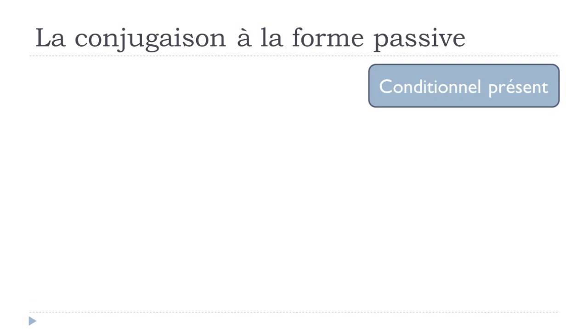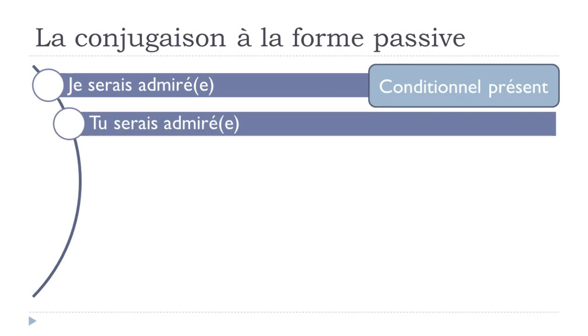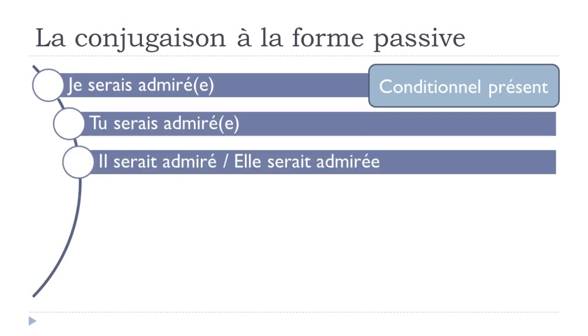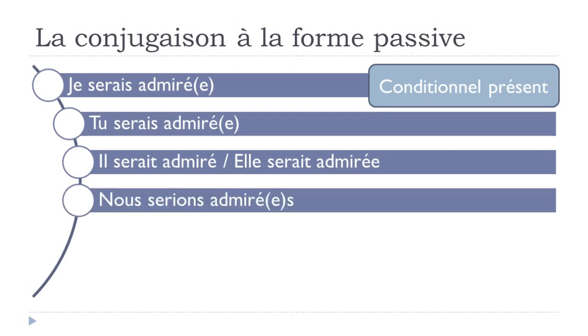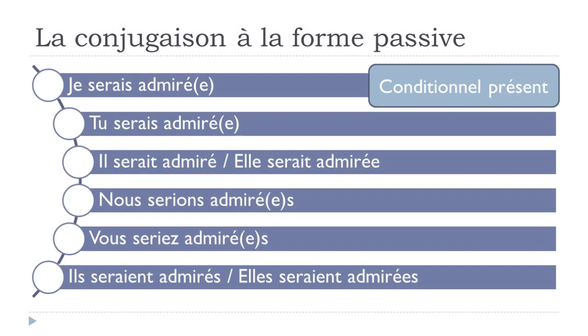So if we want to make it at the conditionnel présent form, then we will get je serais admiré, tu serais admiré, il serait admiré, elle serait admirée, nous serions admirés, vous seriez admirés, ils seraient admirés, elles seraient admirées. Okay, so same thing here.